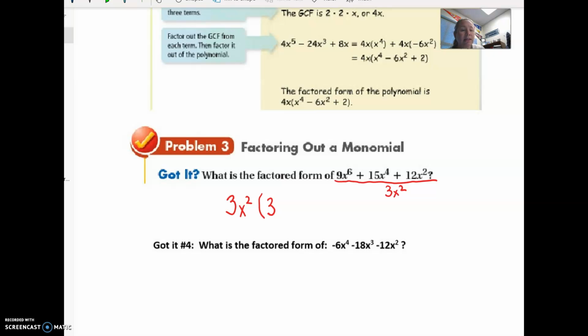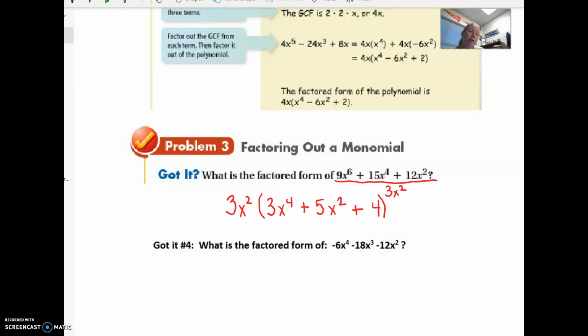So x to the 6th and x squared, that would leave me with x to the 4th. And then I do the same thing here, so I'm left with 5x squared. Divide the number out and subtract the exponents. And then here I'm left with 4, just 4, because the x squared and the x squared cancel each other out there.